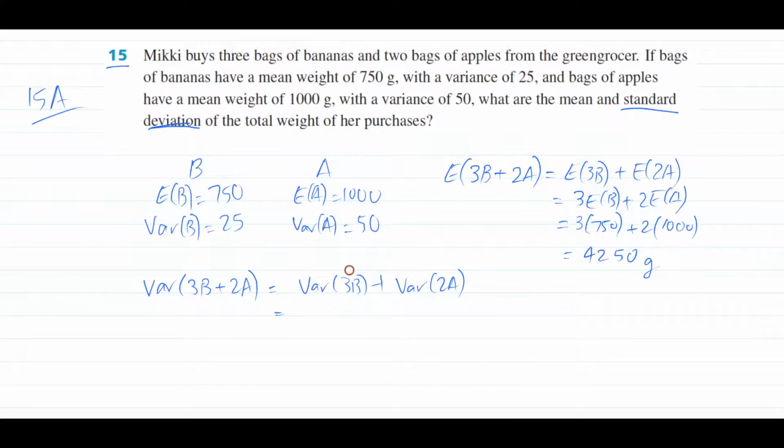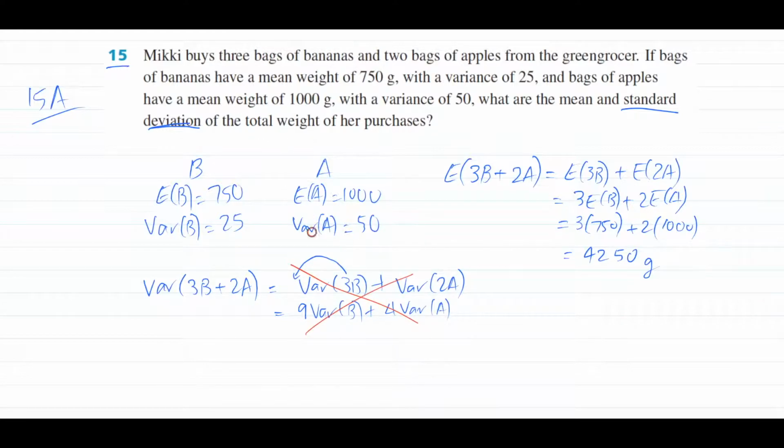And then I'm going to take the 3 out of the variance, which would give me 9 Var(B) plus 4 Var(A), because if I take a coefficient out of the variance, I square it as the textbook has told me, and then just do your calculation. But this is wrong in this scenario.